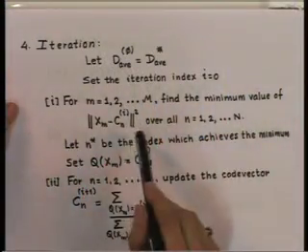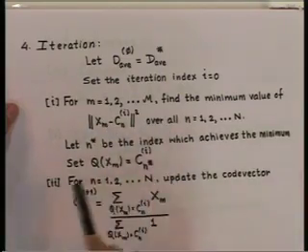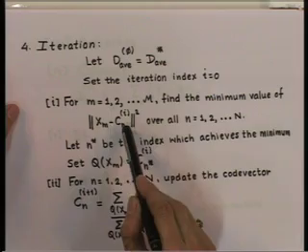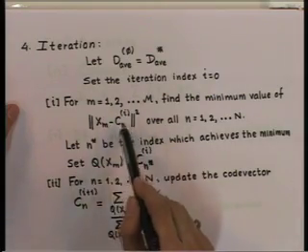So, we go to step 1, where we again divide the complete training set into two groups, but this time using the updated code vectors C11 and C21.